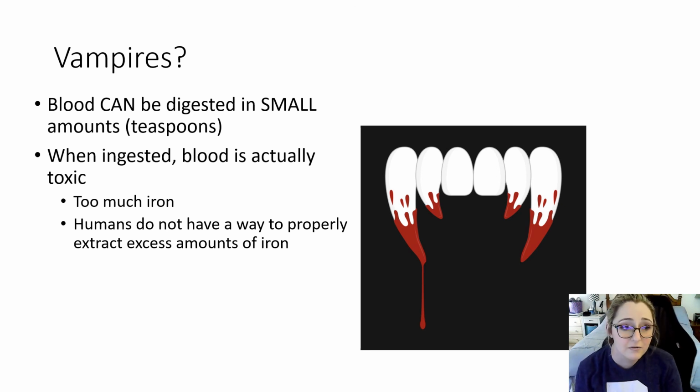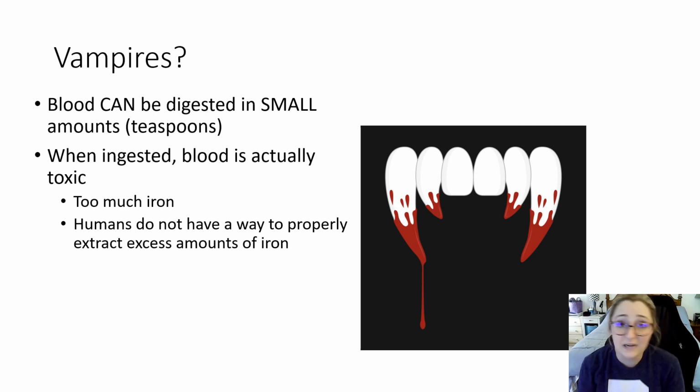There are 4 molecules of iron on each hemoglobin. And remember, there's 280 million hemoglobin that make up one red blood cell. And you have, I don't know, a couple billion red blood cells in your body. If you're just sitting there sipping on a glass of blood and you've never done that before, that is a lot of iron that you're consuming.